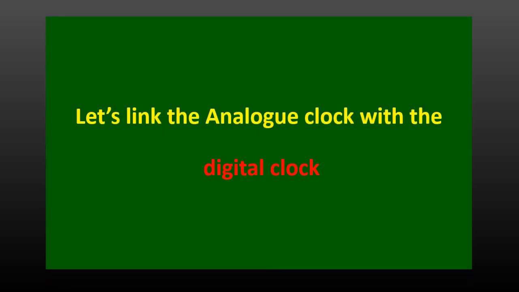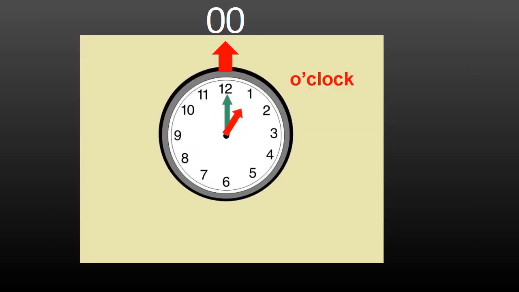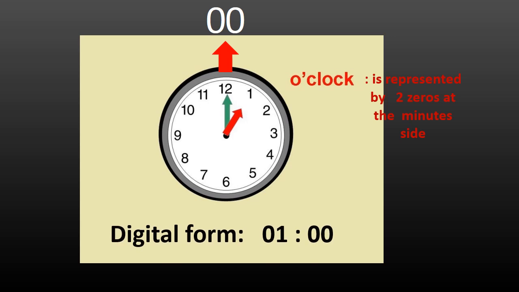Okay, let's link the analog clock with the digital clock. Now, when the long arm is on the 12, we know that we say o'clock. So when the long arm is on the 12, we put 2 zeros on the minutes side of the digital clock.